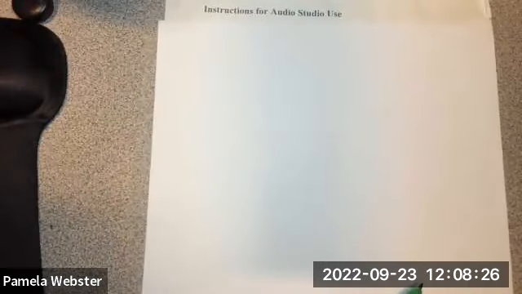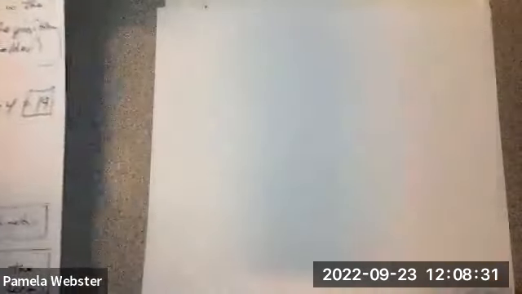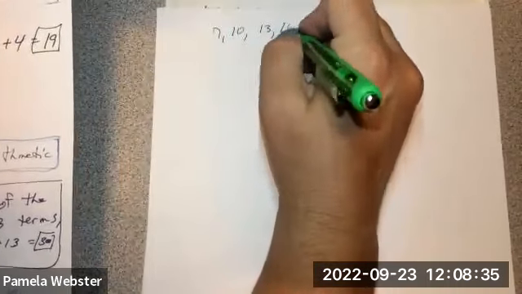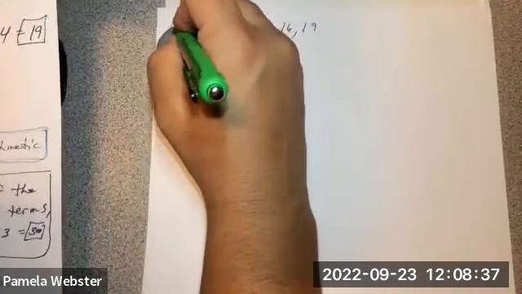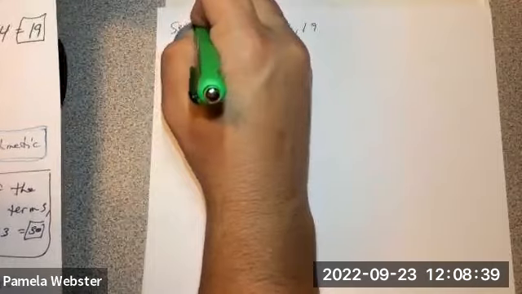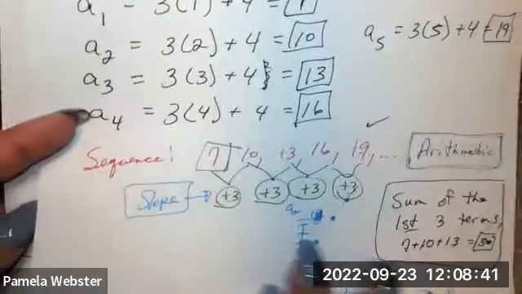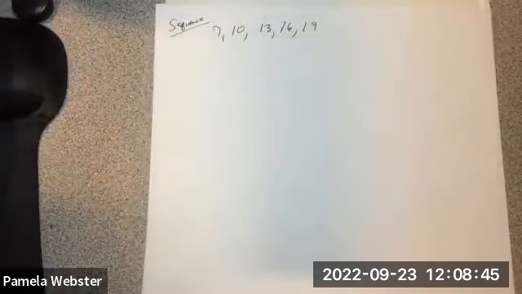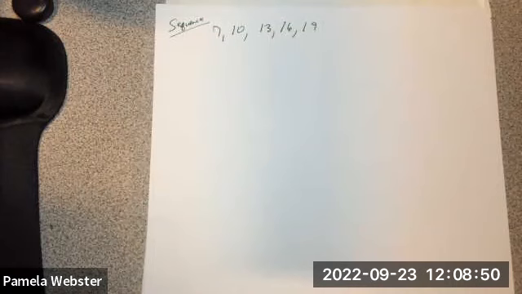So let's do the one I just showed you a second ago, where we had 7, 10, 13, 16, 19. That was my sequence from above, the one that we had just a minute ago. We added up the first 3, so hopefully my formula will work for me.